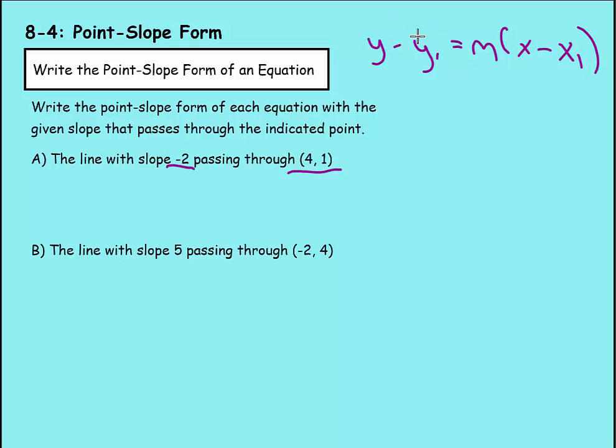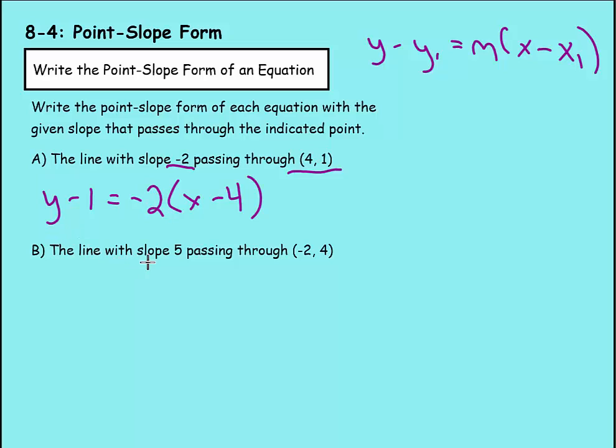So y1 is just a positive 1. So we'd have y minus 1 equaling the slope, which is negative 2, times x minus positive 4, so x minus 4. And there's my point-slope form. This would be a linear equation that passes through 4 and 1 that has a slope of negative 2.